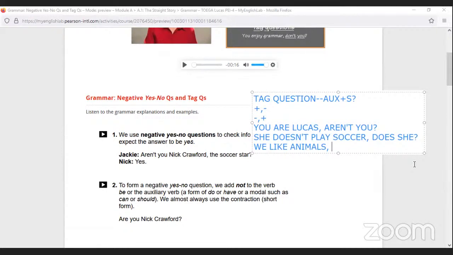So it needs to be negative. We don't. First, the auxiliary: don't we? So always first the auxiliary, and after, the subject.